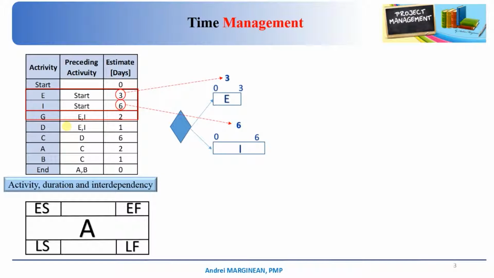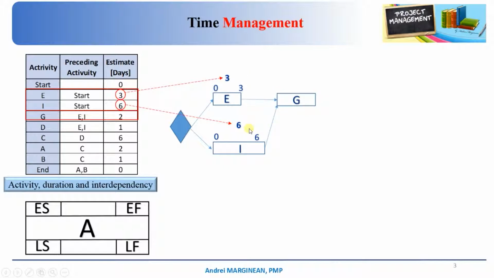In this case, we should look at the fact that it is preceded by E and I, the two activities that we already listed down here. These two activities should be finished before activity G starts. So we put activity G here, and now we have to decide if we start in day 3, when the first activity ends, or in day 6, when the second activity ends.